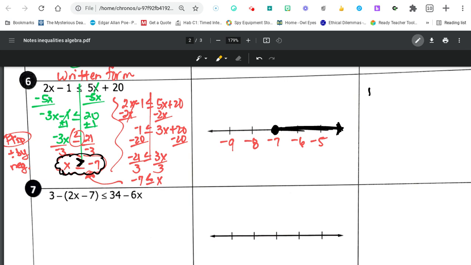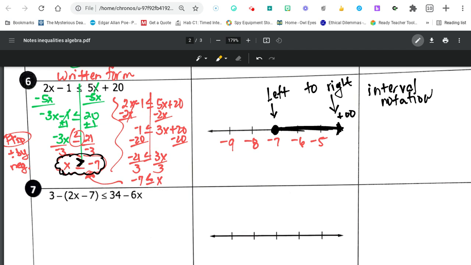And to write it in interval notation, you just go left to right. On the left, you've got -7. And on the right, it's approaching positive infinity, guys.